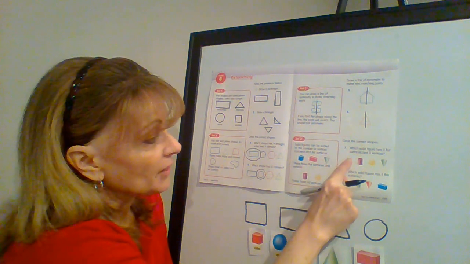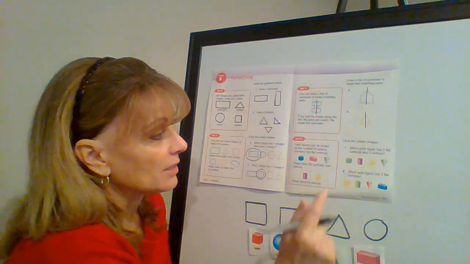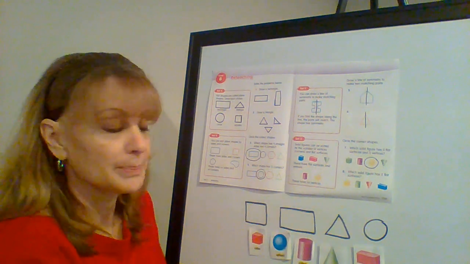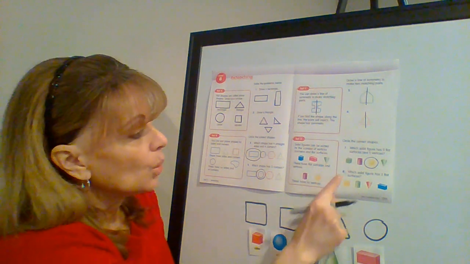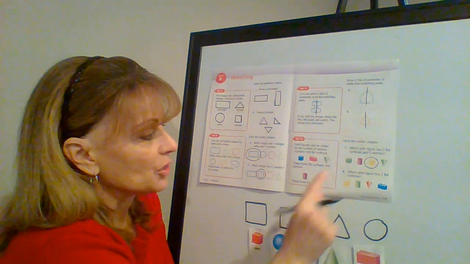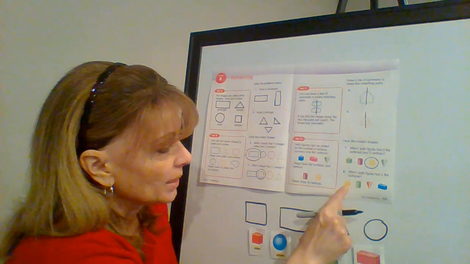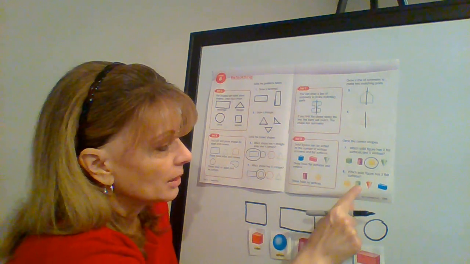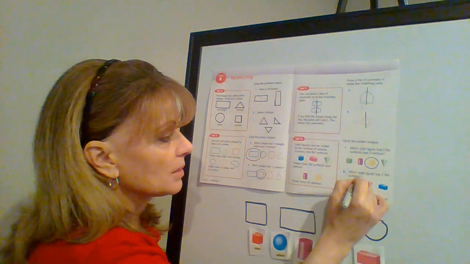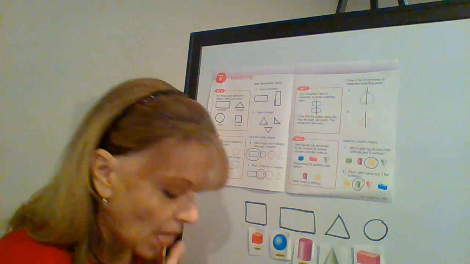Well, I can see a flat surface here, here, and here. So it's going to be the sphere. Which solid figure has 2 flat surfaces? Well, this one has 6, 2, 1, 6. It's got to be the cylinder. Okay?